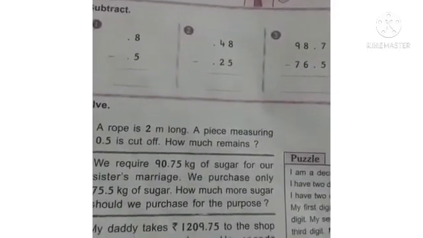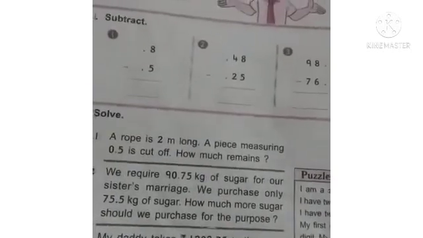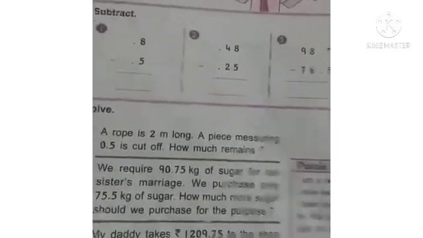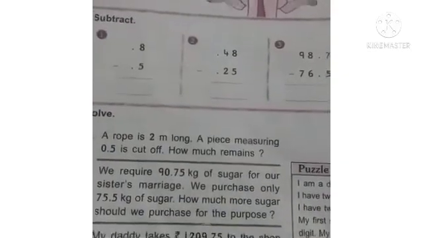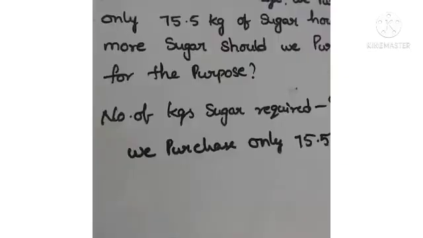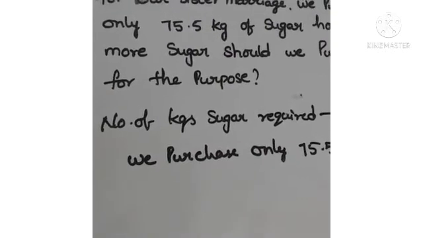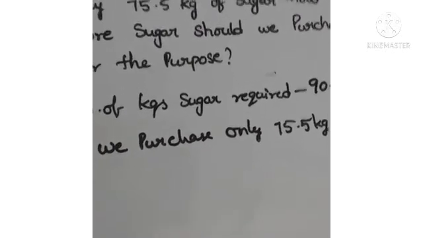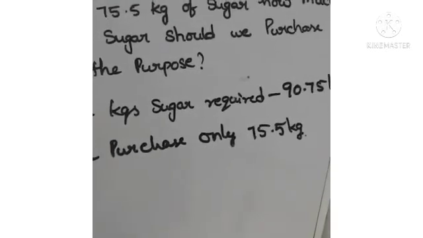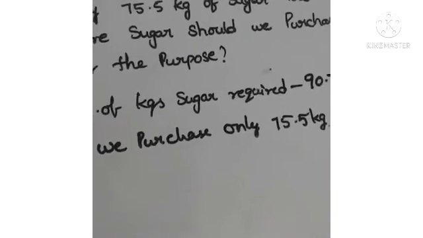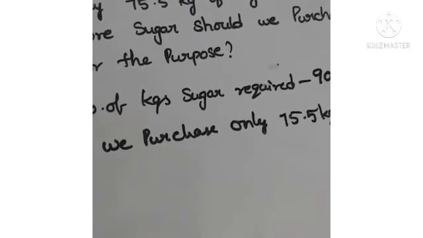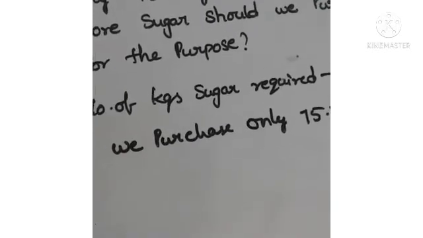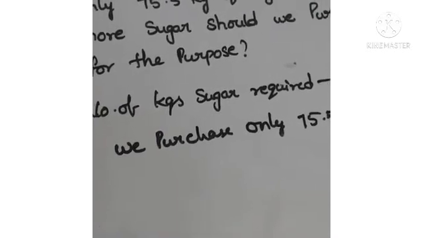First, we should write the steps. The sugar required is 90.75 kgs. We purchased only 75.5 kgs.